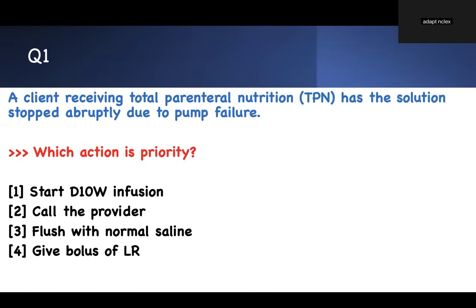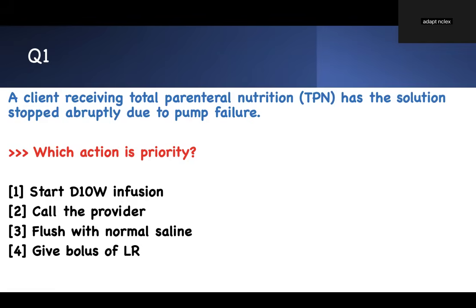Patient is receiving TPN as the solution stops abruptly due to pump failure. Which action is appropriate? That means priority. The content associated with TPN is very important. We see it all the time. When the patient is receiving TPN, what is the problem?